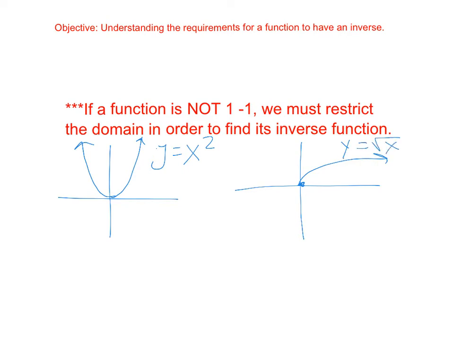Actually, let's change this to f of x and g of x. I keep mentioning this because it's important in calculus. If you do f of g of x, you get the square root of x, squared.